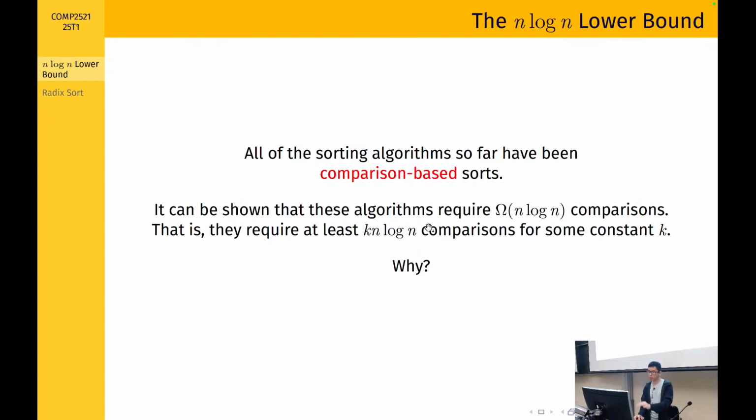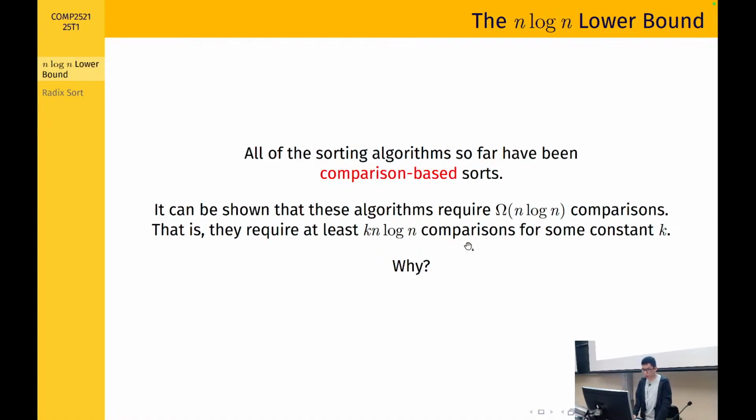But what it means is that these comparison-based sorting algorithms require at least k times n log n comparisons for some constant k. So for a sufficiently large array, these algorithms will need at least k times n log n comparisons in order to sort the array.